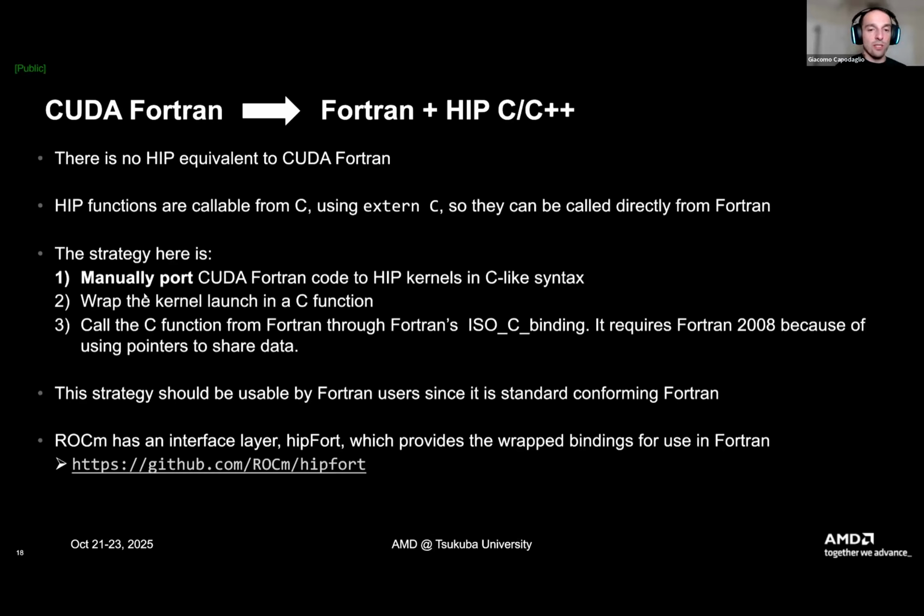Then you create a little wrapper, and you leverage the ISO_C_BINDING module in Fortran to call them from Fortran. We have several examples in the repo that you can get inspiration from if you want to try that. And there's actually a talk that I think is tomorrow about that.